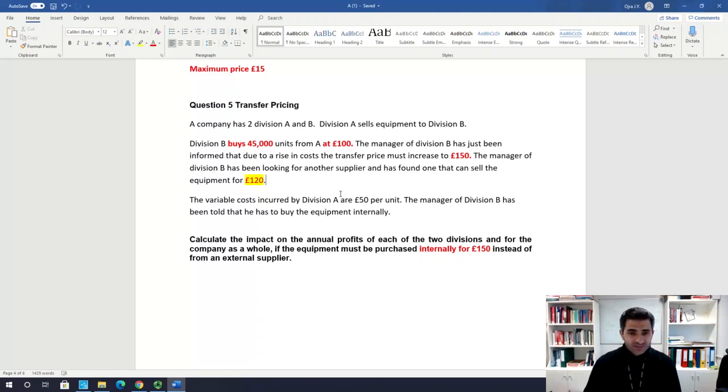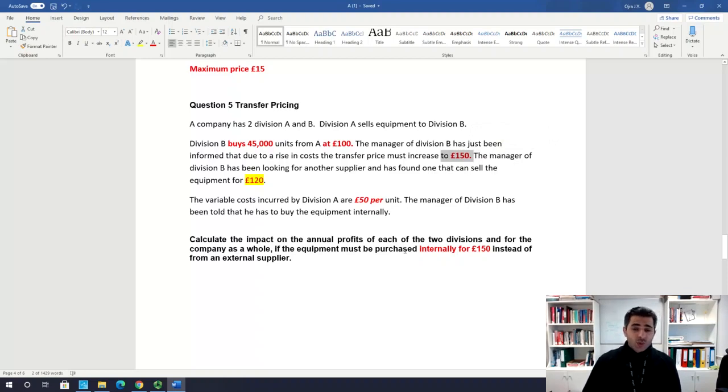The variable cost incurred by division A is £50 each, and the manager of B has been told to buy the equipment internally, so they have no choice. Maybe it's company policy, so it has to be internal at £150.